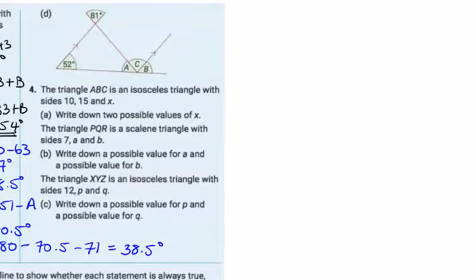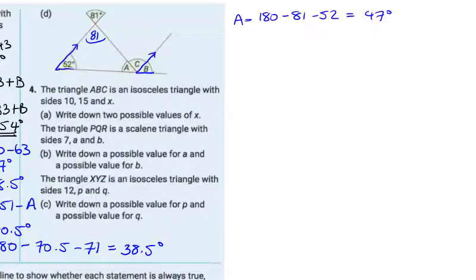Okay, part D. Where can we start here? We've parallel lines here, we can see. We have 81 up top, so we can put 81 opposite. So A has to be 180 minus 81 minus 52, which is 130. Leaves 50 minus 3, which is 47 degrees for A. B corresponds to 52.